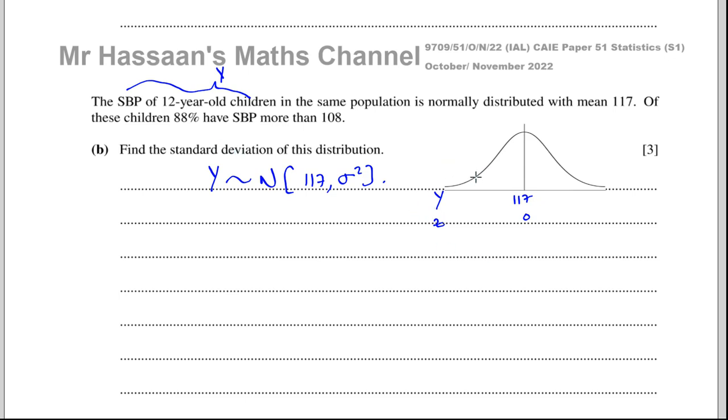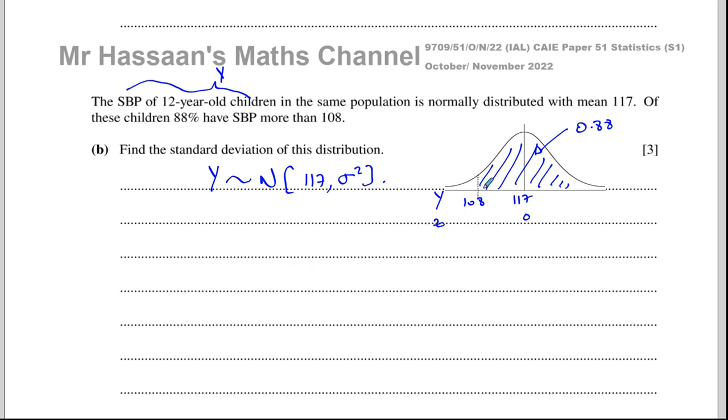So the 108 is going to be on this side of the mean, as we can see from the numbers we have anyway. So that's 108. And we're looking for this part being 88%. So we have this as 0.88.